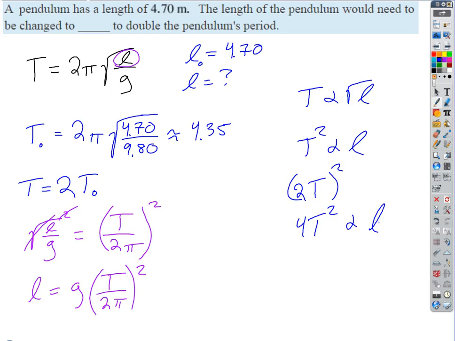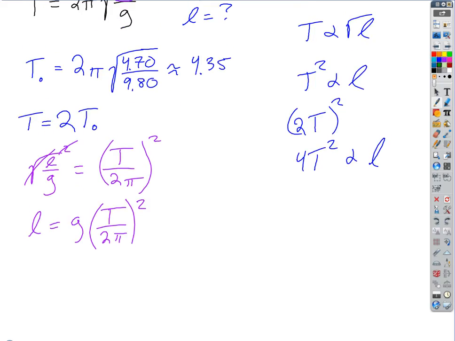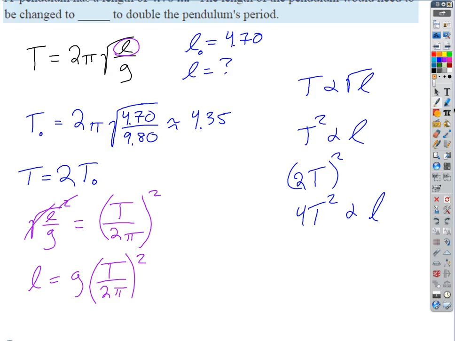But we don't even have to do all this stuff. Here's another way of looking at this. All this stuff right here is constant, right? Everybody see that?